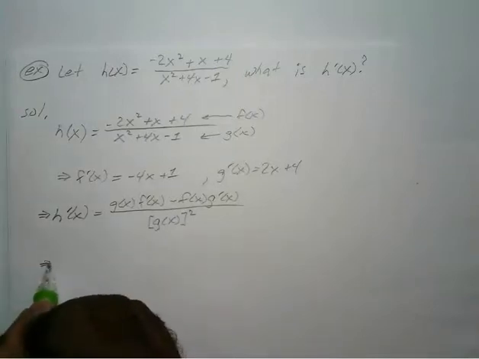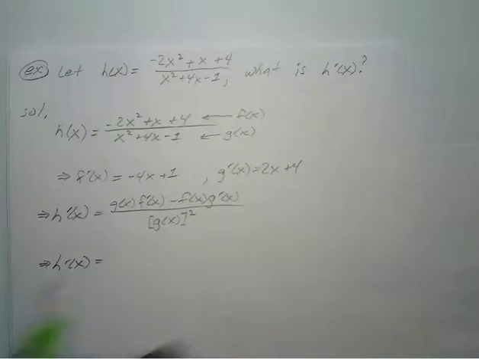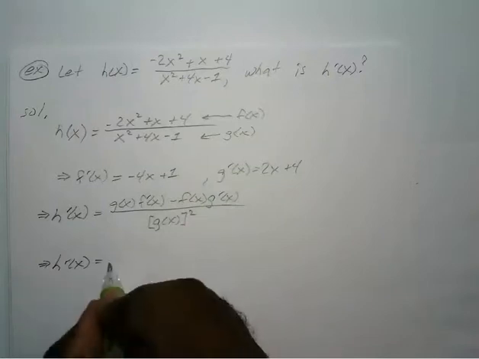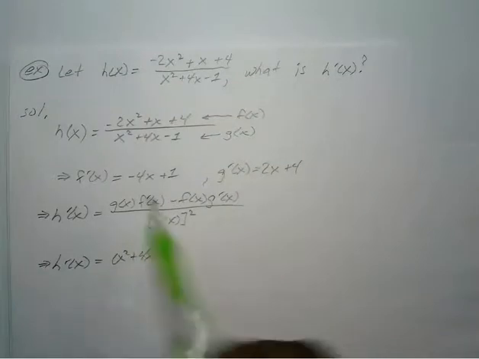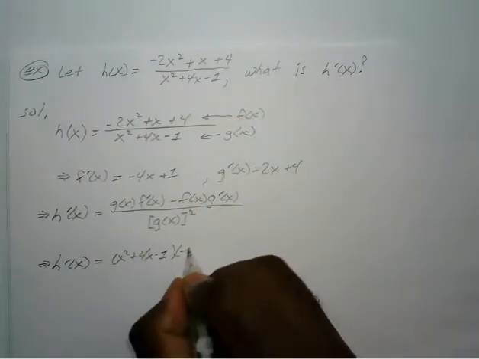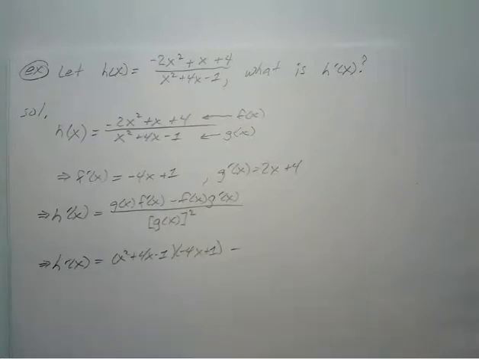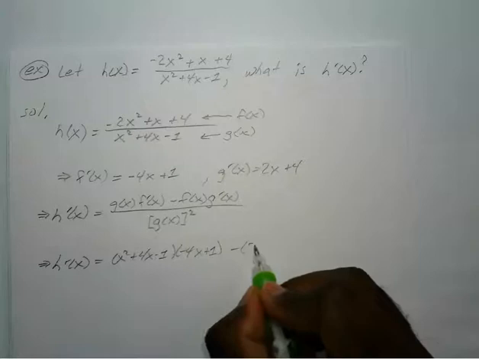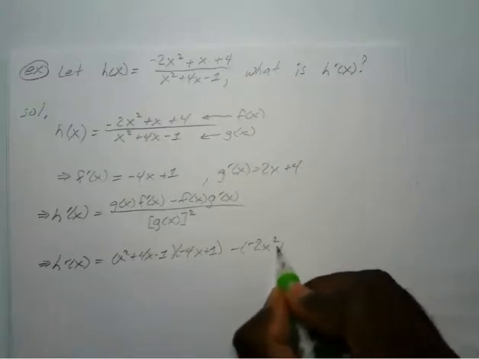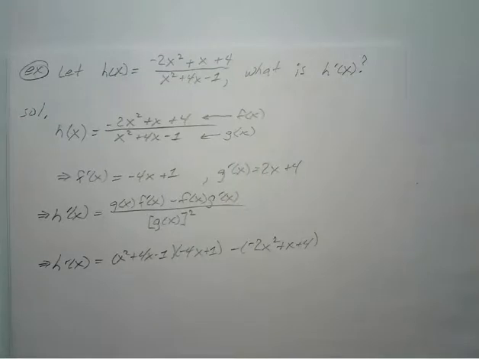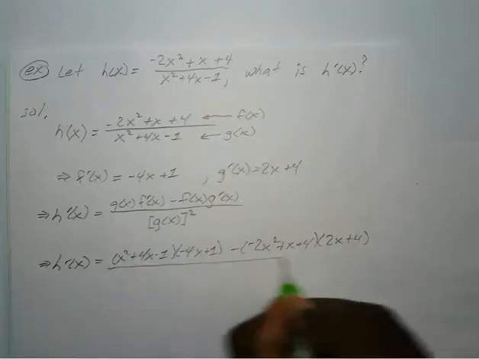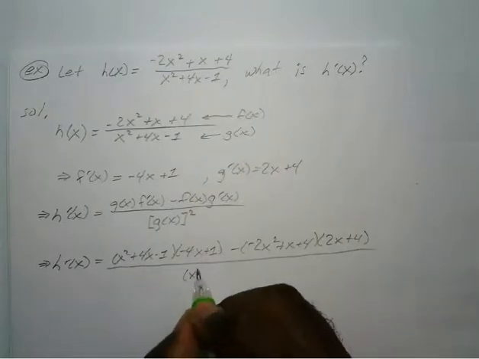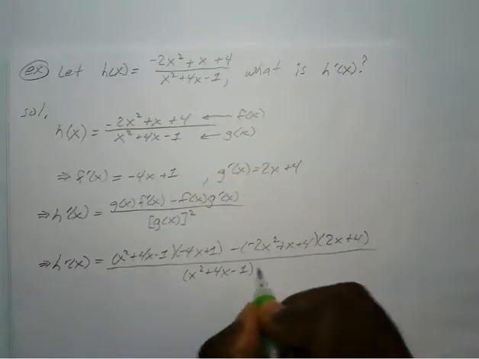So that means our derivative is equal to your denominator, which is x squared plus 4x minus 1, times the derivative of the numerator, which is negative 4x plus 1, minus your numerator, which is negative 2x squared plus x plus 4, times the derivative of the denominator, g prime of x, 2x plus 4, all over the denominator squared, which is x squared plus 4x minus 1 squared.